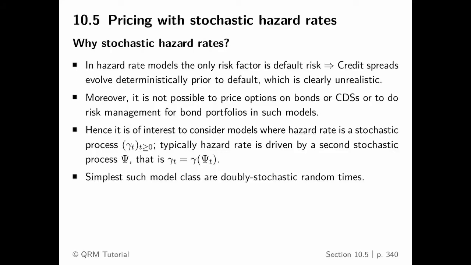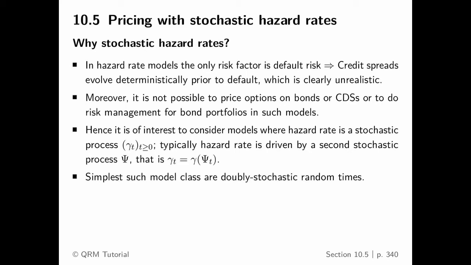The last bit, pricing with stochastic hazard rates. Now, the models we've considered so far are very simple. They're enough to value a CDS or to determine risk-neutral default intensities from a CDS.